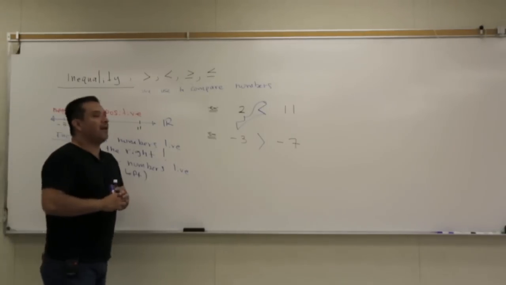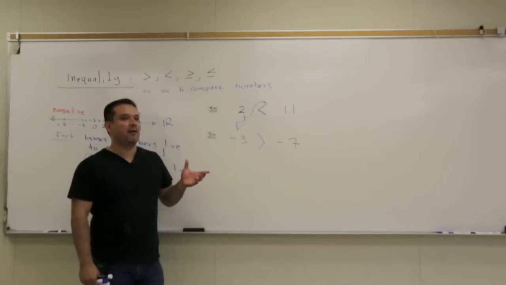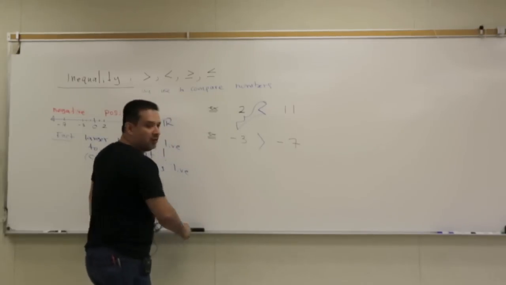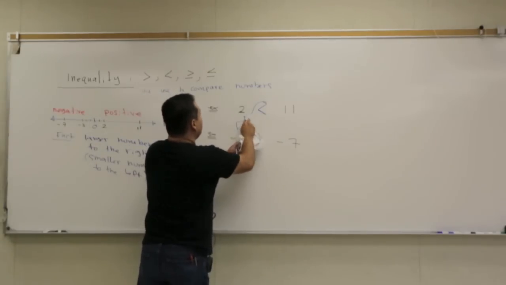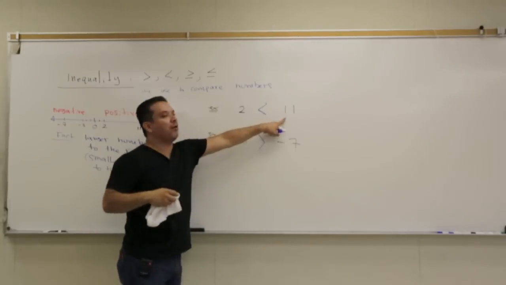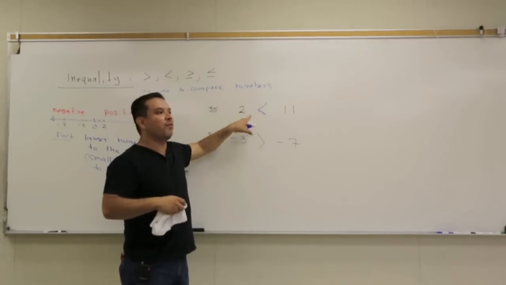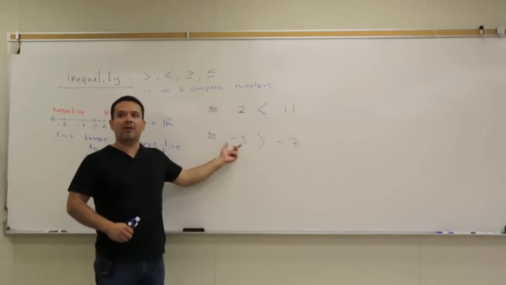What I like to do is talk about money. If this were money, which is like having more money? In this case, $11 is better than $2. It's more money, so Jaws opens to the bigger money. What does the -3 mean?